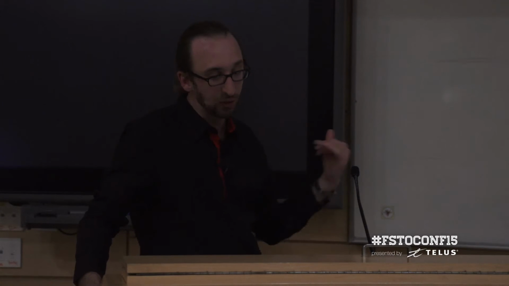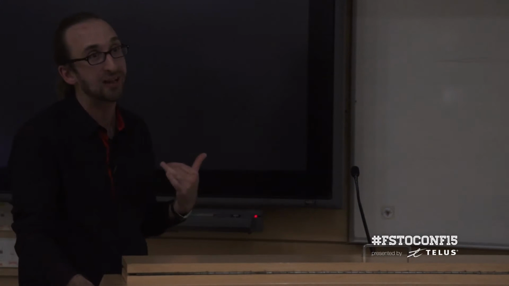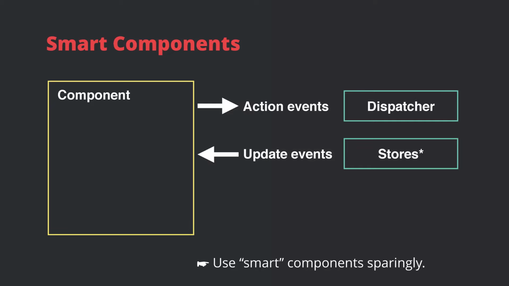Now, in contrast, you have smart components that ultimately need to communicate with the business logic of your application. I will talk a little more about the architecture, but the preferred approach there is that they send action events to the rest of your application, and they listen to events coming from your application. I'll talk more about the importance of this sort of unidirectional data flow, where they don't have access to the state of something else in your business logic.